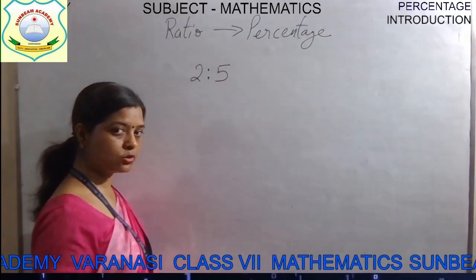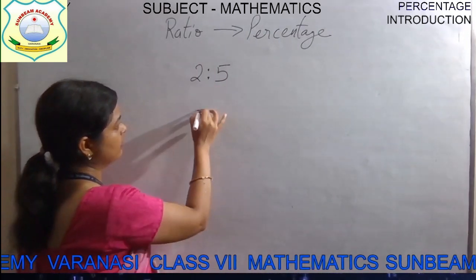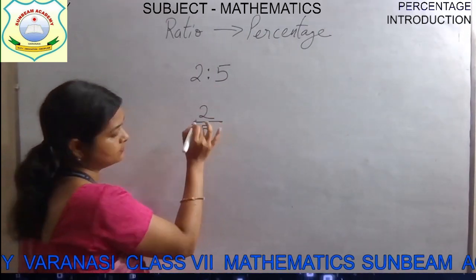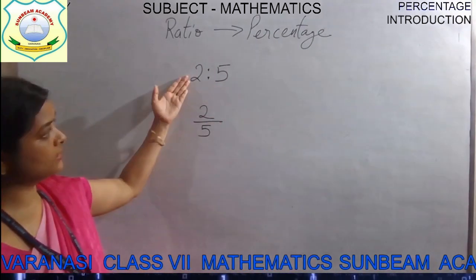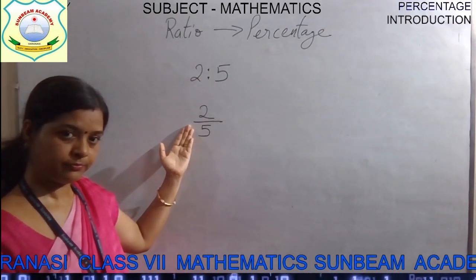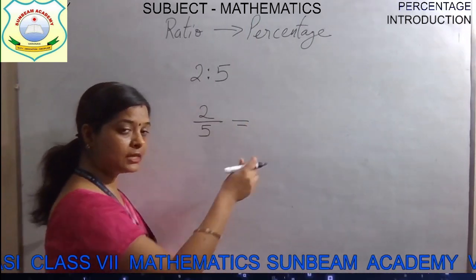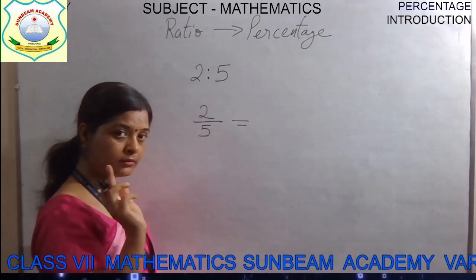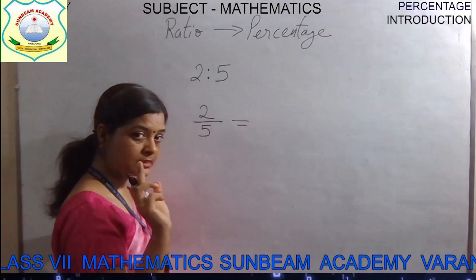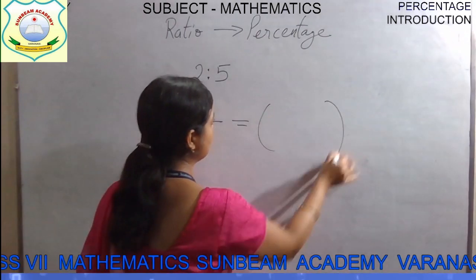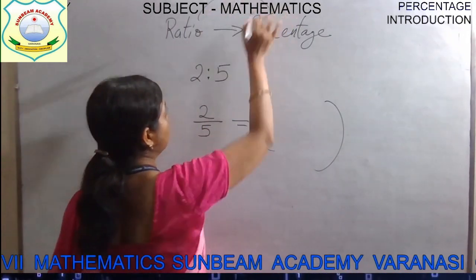Let's see how to solve it. 2:5 can be written as 2/5. So first we have converted the ratio form into fraction. Now to convert a fraction into percentage, just revise what ma'am did in the first part. Ma'am has multiplied by 100, because we have to convert a value into percentage.